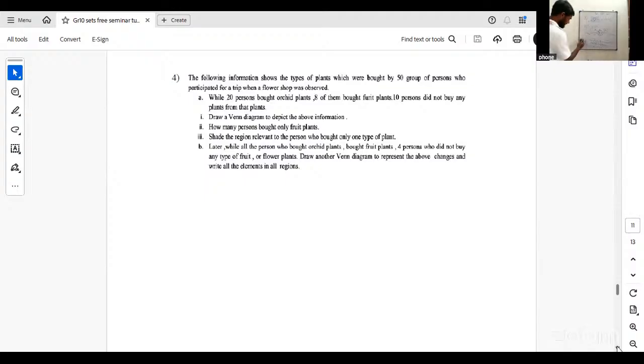Just add it again: 20 minus x plus x plus 8 minus x plus 10 is 50. Minus x plus x cancels. 28, 30. Yeah.